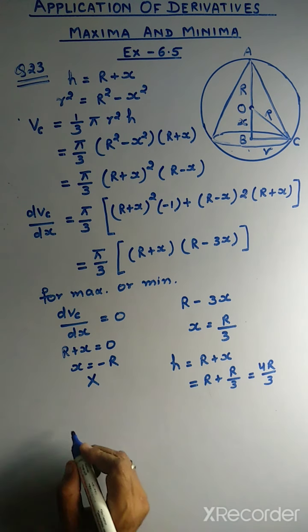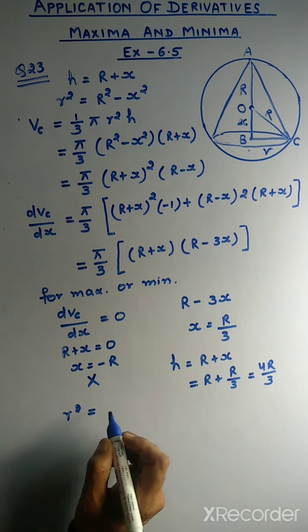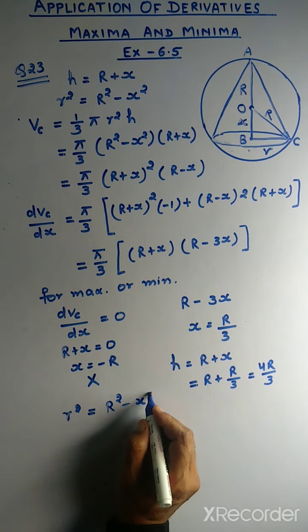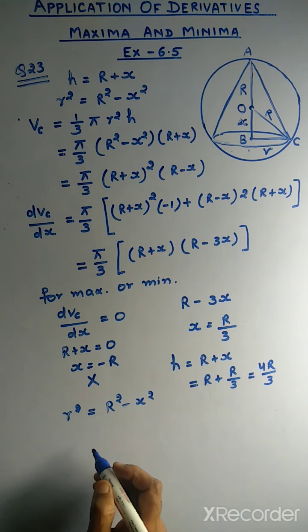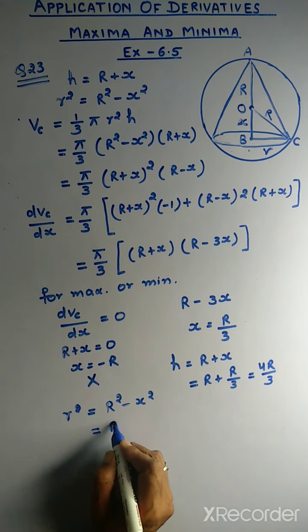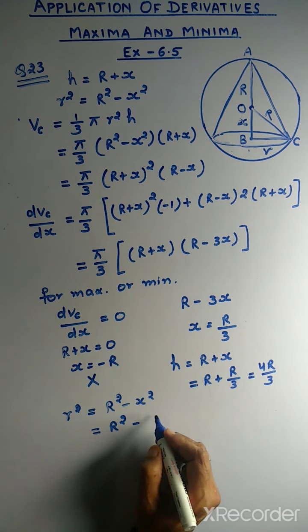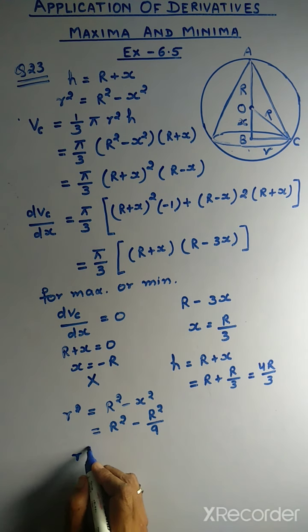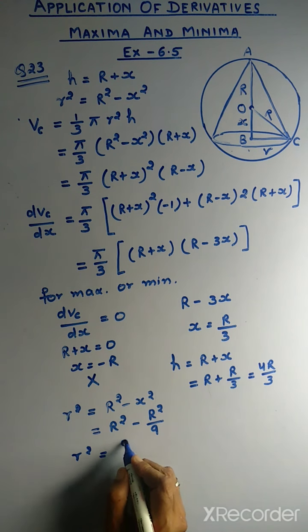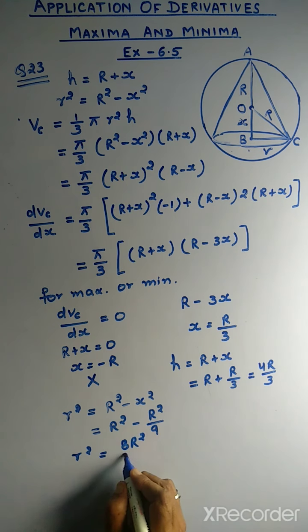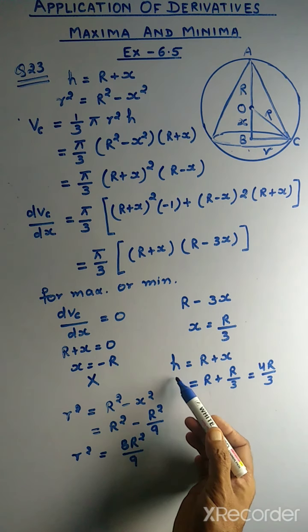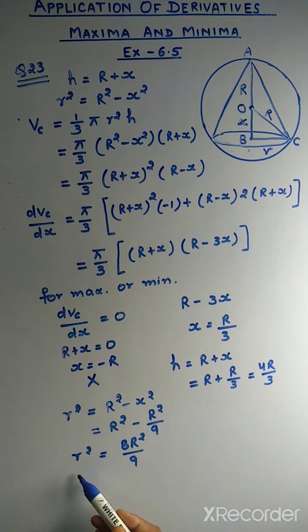Similarly, small r square equals capital R square minus x square. Again we put the value of x here. So R square minus R square upon 9. So small r square equals 8R square upon 9. So these are the values of h, the height of the cone, and the radius of the cone in terms of capital R.